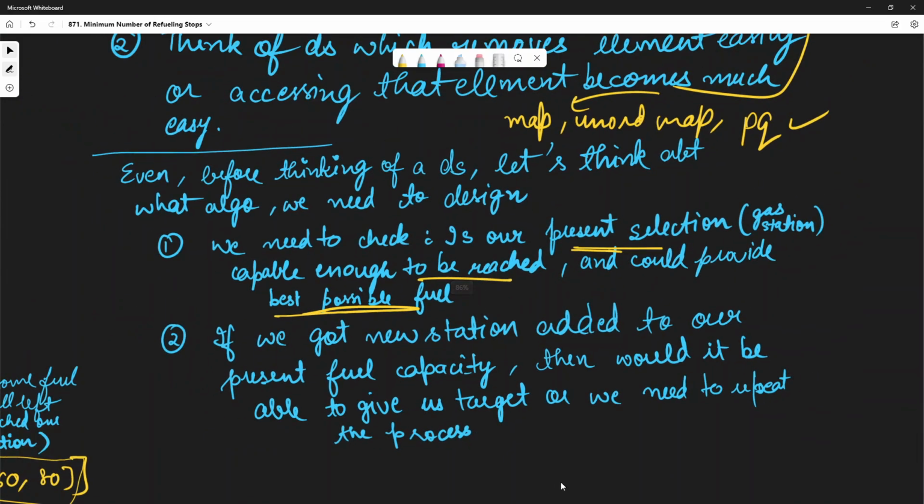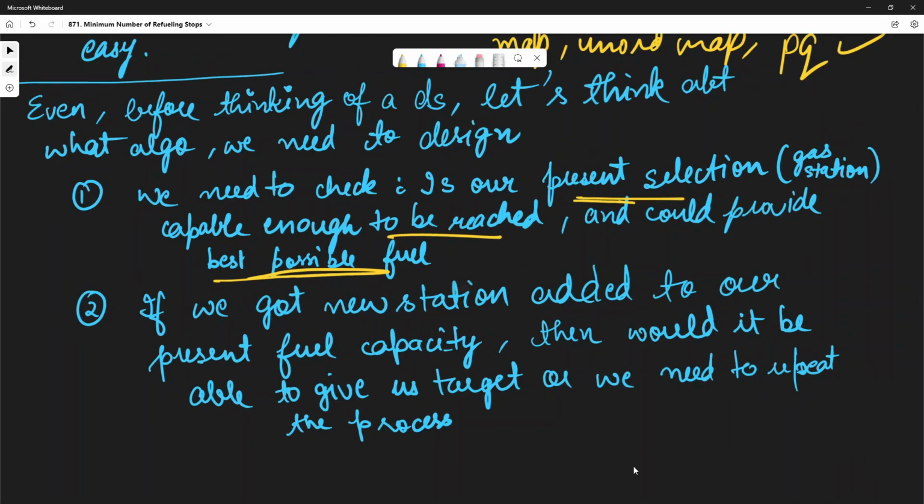So after all this, you would have been clearly thinking about how we are working in this. Even before thinking of a data structure, let's think about what algorithm we need to design. We need to check whether the present situation, that is the gas station, is capable enough to be reached. Because it is the most important criterion that we can reach that gas station.